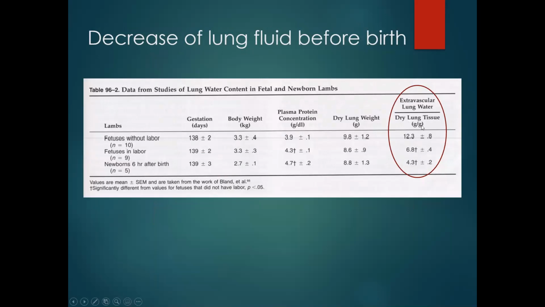Again, just to show you how heavy the lungs are in fetuses without labor compared to fetuses in labor and those a few hours after birth, more fluid clearance occurs, and then the lungs start to get less weight, okay? And these are experiments in lambs. There are a lot of animal studies that support these physiologic changes.